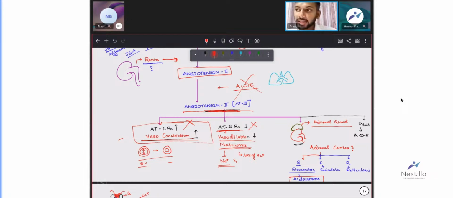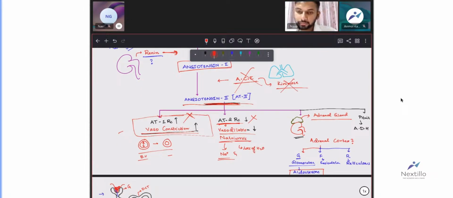But the problem with ACE inhibitors is that ACE is similar to an enzyme known as kininase. So if you are blocking ACE, you are also blocking kininase. What does kininase do? It will convert bradykinin into inactive metabolites.